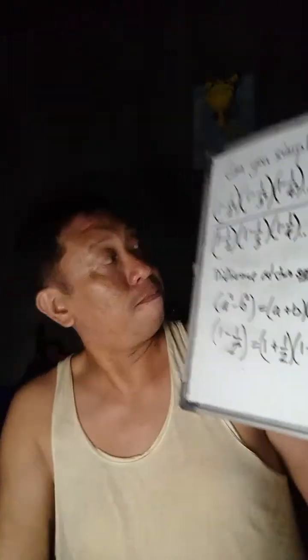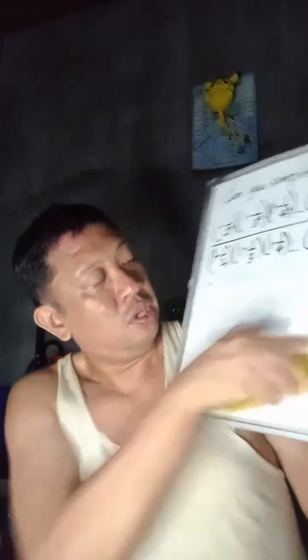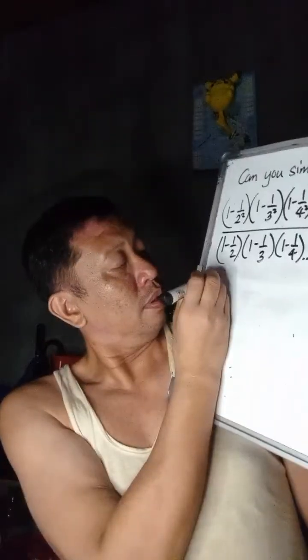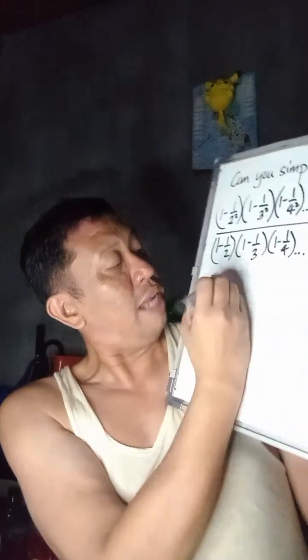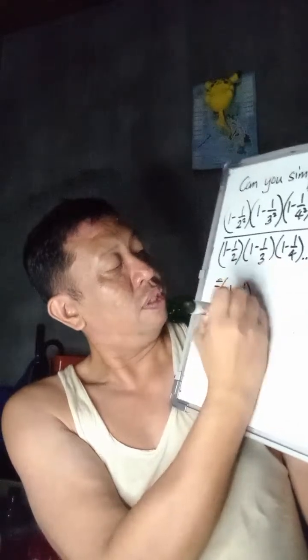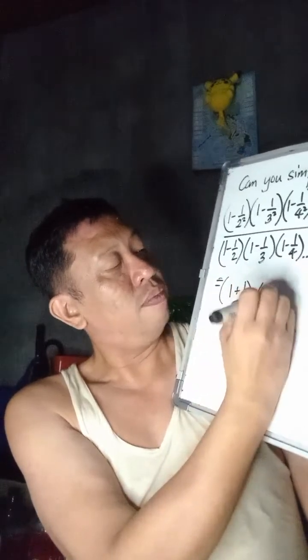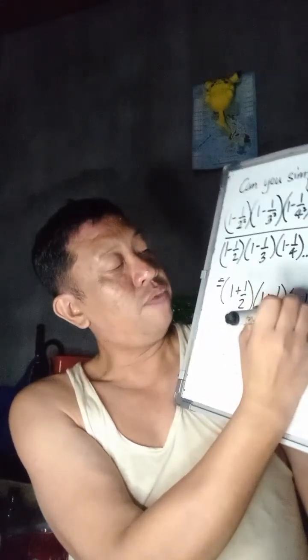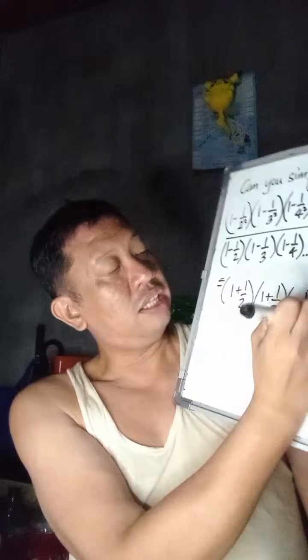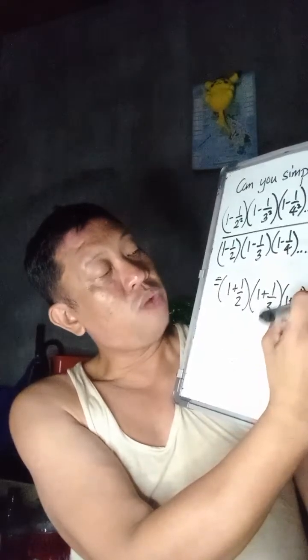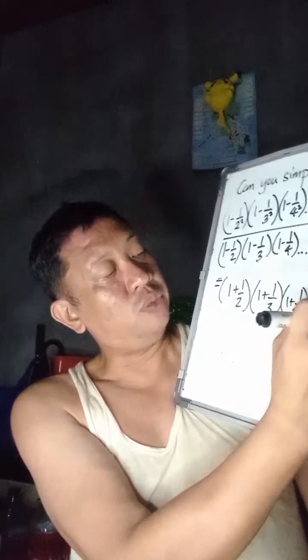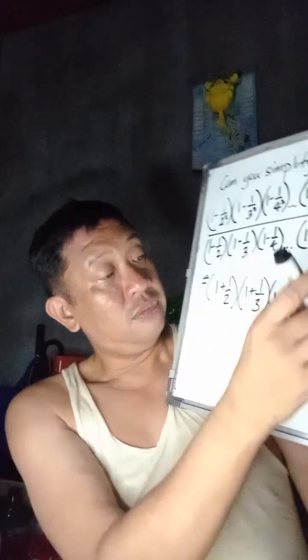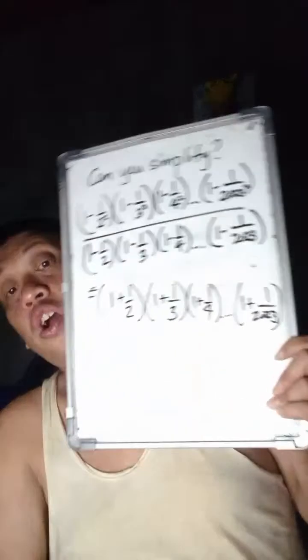Because of that, this expression will be reduced to 1 plus 1 half times 1 plus 1 third times 1 plus 1 fourth, up to 1 plus 1 over 2023.